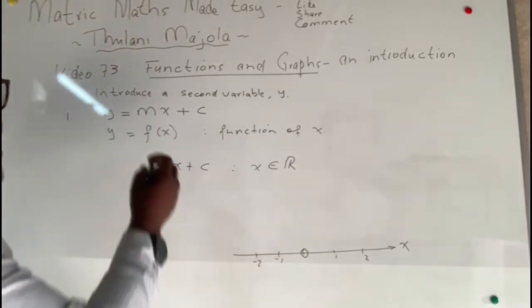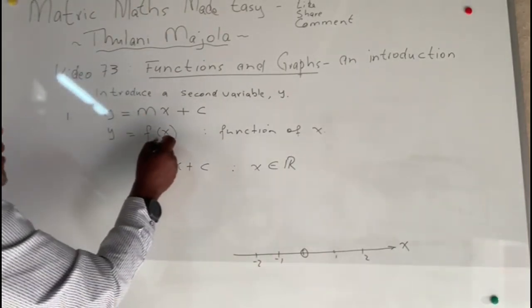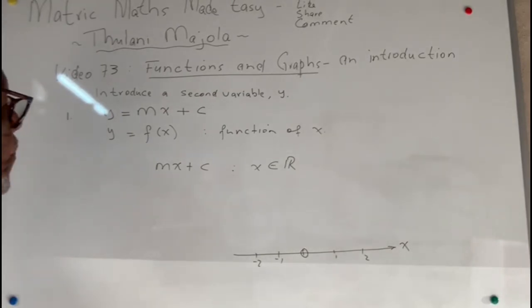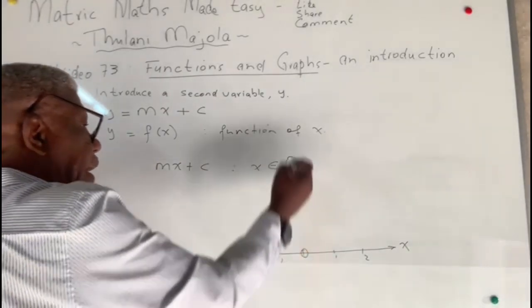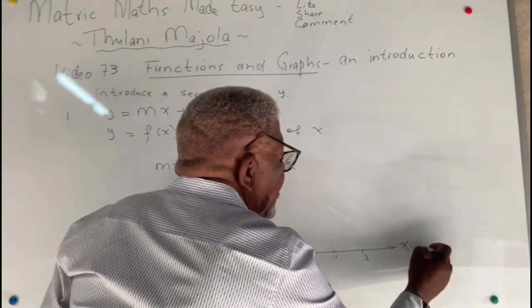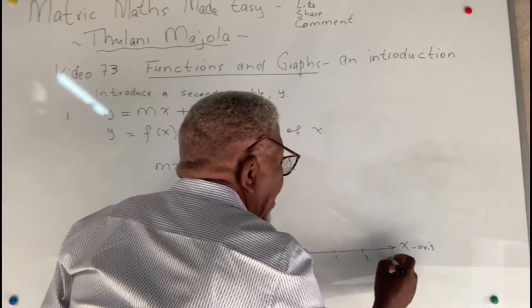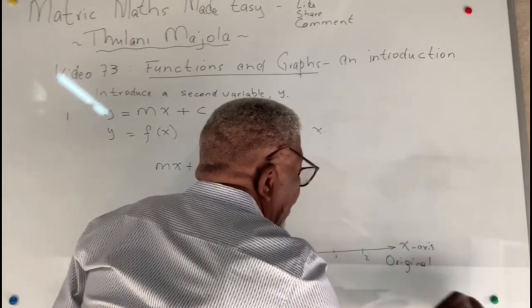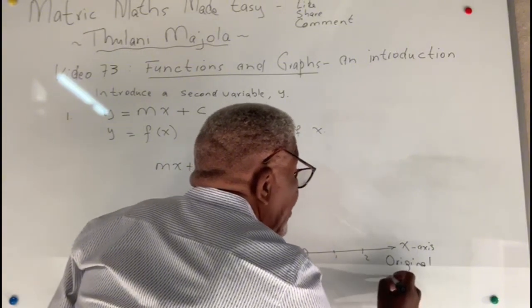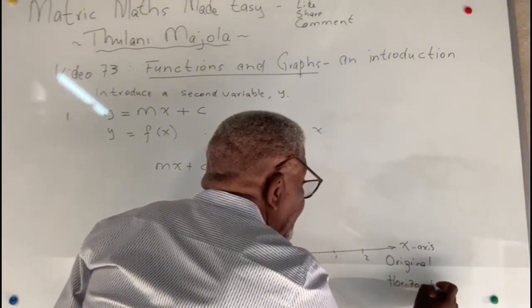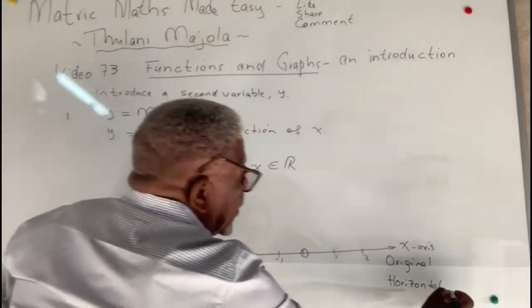Now this y, which we say is a function of x, is the vertical axis. So this one, you say x-axis, the original number line, on the horizontal axis.